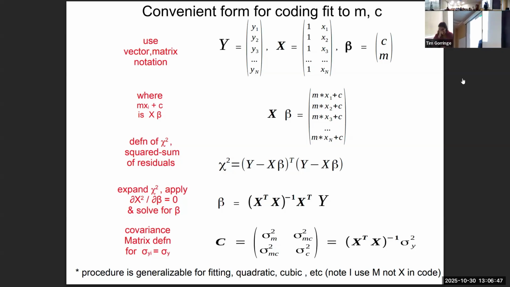There's a matrix, that's this quantity here. It's actually called a Vandermonde matrix. And this matrix will contain the independent variables.